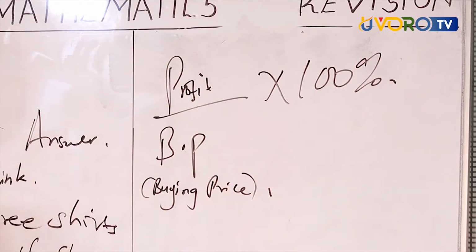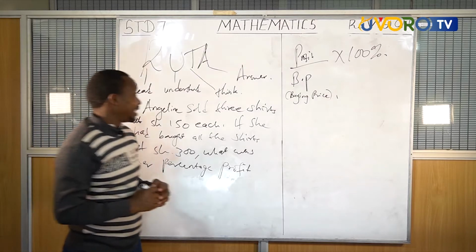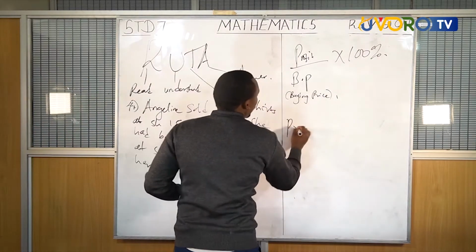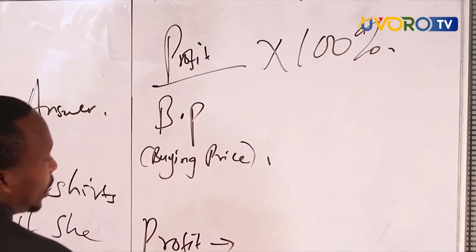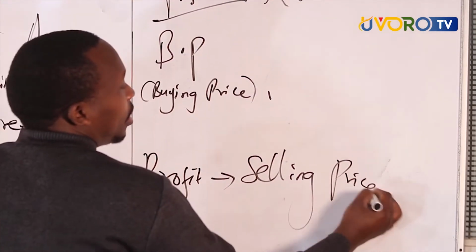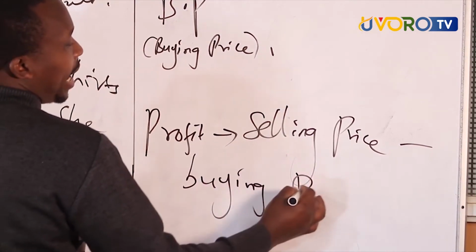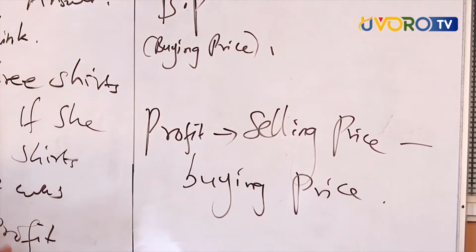How do we get the profit? Very good. That is profit will be the selling price minus the buying price. We get profit by subtracting selling price minus the buying price.